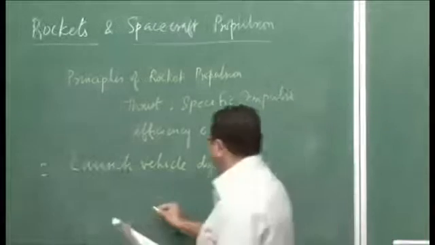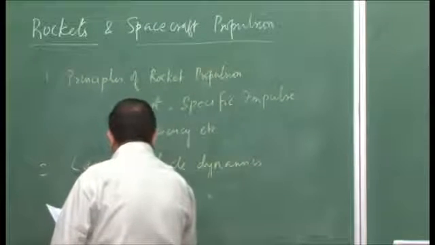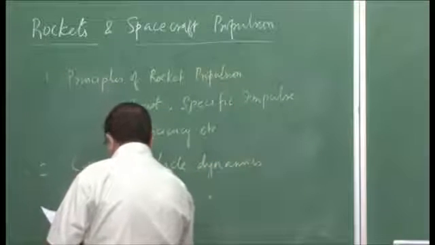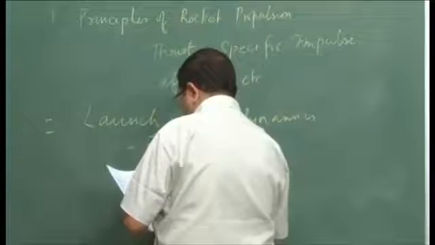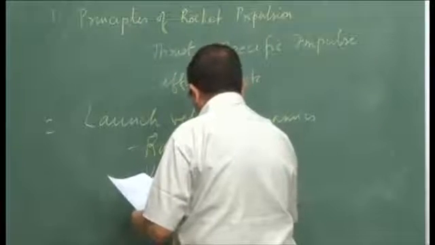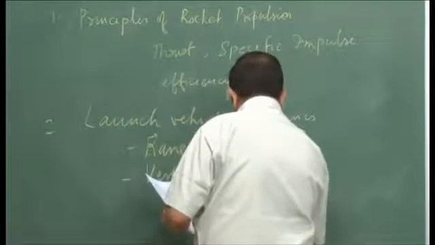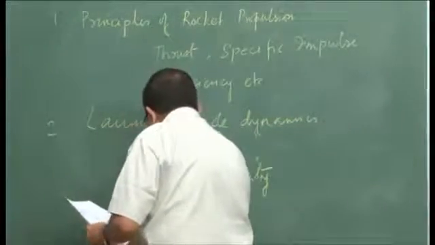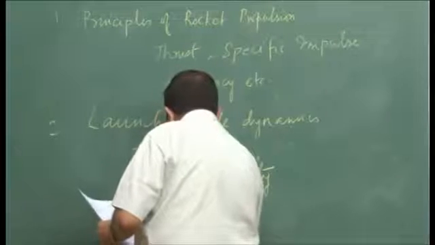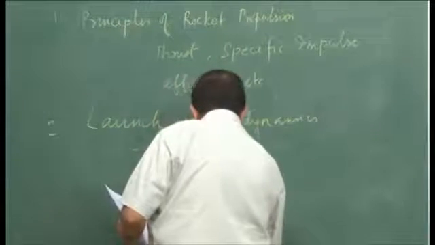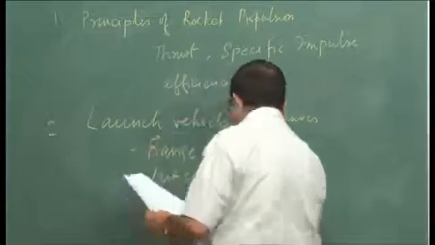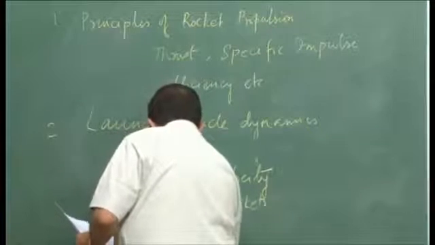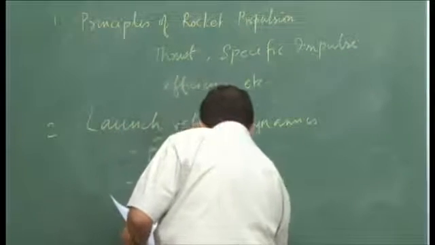So, launch vehicle dynamics first will be range, then vertical velocity, then multi-staging or multi-stage rockets, then we are going to talk about orbits and space flight.